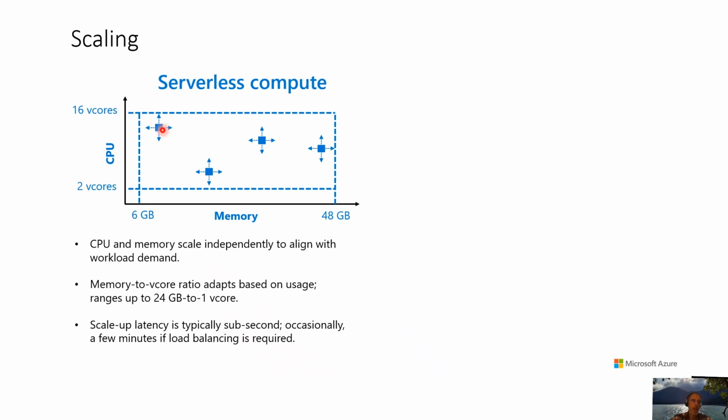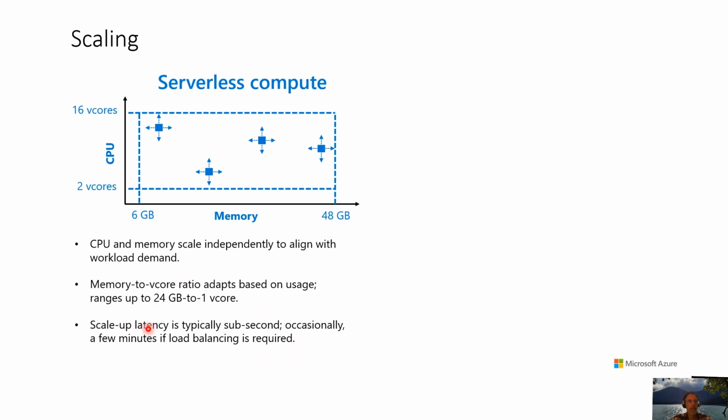The key point here is that whatever combination of CPU and memory is required by the application based on its own workload demand, the service is able to deliver. In a sense, you can think of the memory to vCore ratio in serverless as being dynamically adaptive based on the actual workload demand of the application.